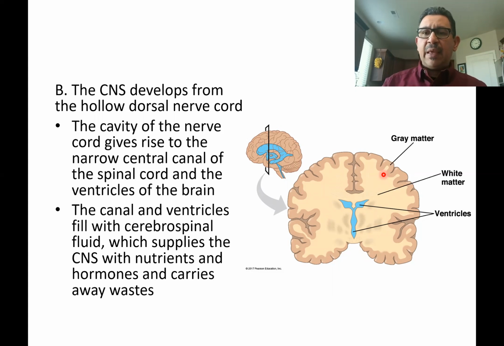In the brain, there are ventricles, and these ventricles are important because not only are they filled with cerebrospinal fluid, but they're also responsible for producing this important cerebrospinal fluid, which, as I mentioned before, can provide nutrients and can also help with the transporting of hormones from one part of the central nervous system to other parts of the nervous system.